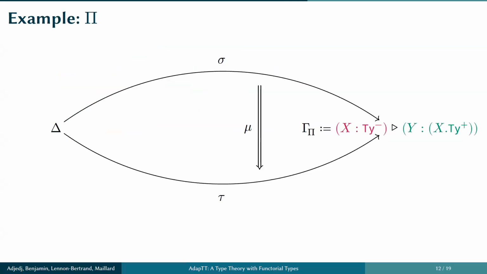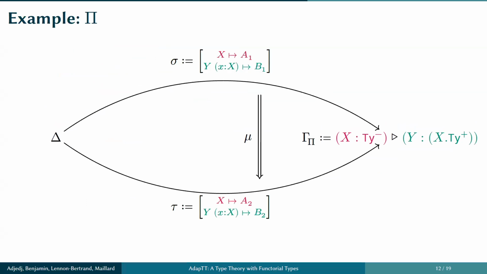Just to give an example of what transformations really are, if we look back at Pi types, we said that they act contravariantly over X and covariantly over Y. Two substitutions over that context are going to map X to two different types and Y to two different B's over a context extended by a certain X, over a certain A1 or A2, depending on which one you're working from.